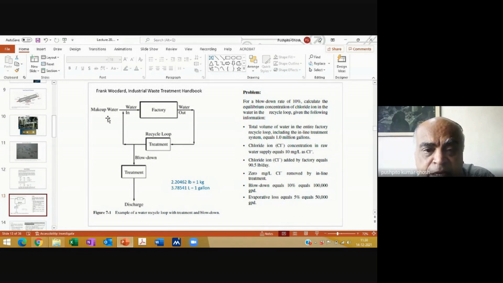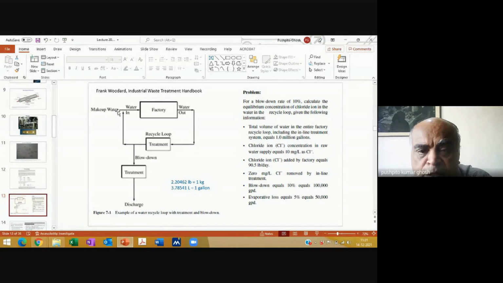Let's say you've got an industry, and in the factory you're carrying out some processes. So this is your inlet water, this is your outlet, and after that you do some treatment also of the water, but the water, even after the treatment, is not suitable for recycle.